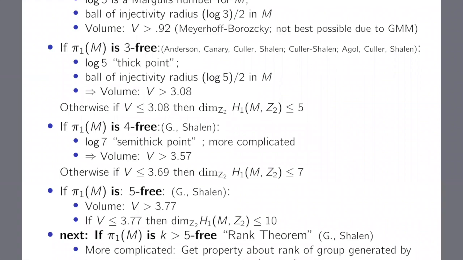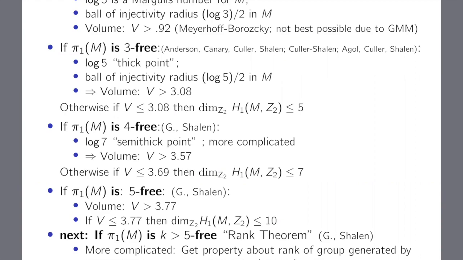And so when you think about that, that's what's going on upstairs in the hyperbolic space, how the group is acting on hyperbolic space. Well, remember, to get our manifold, we quotient out by that action, which means we identify the point and where the isometry takes it, which is at least log 3 away. And so in the manifold, that turns into what you see here, an embedded ball of radius log 3 over 2 in M.